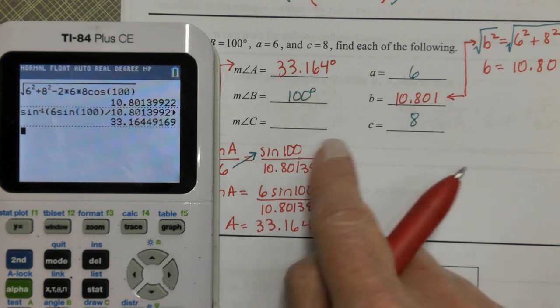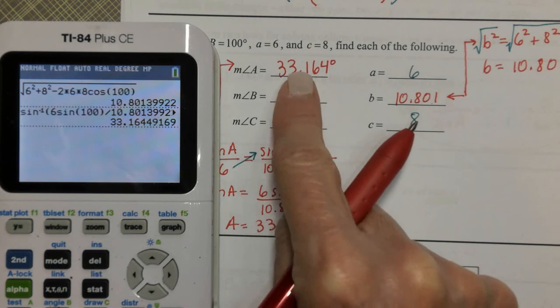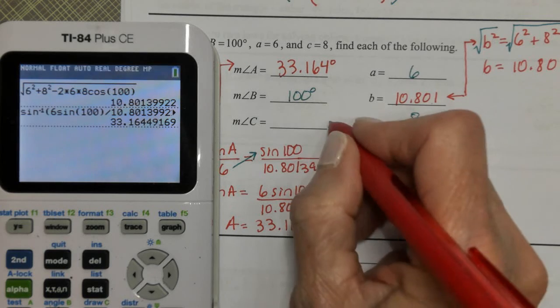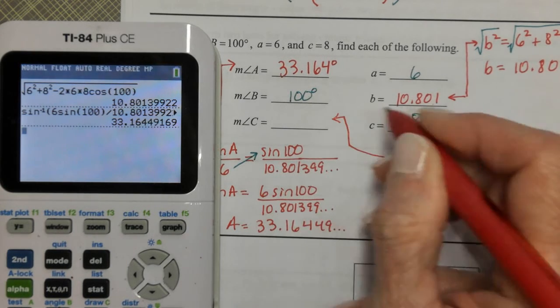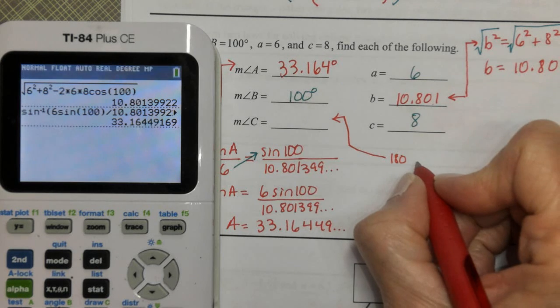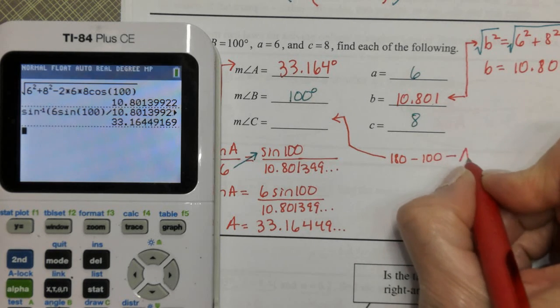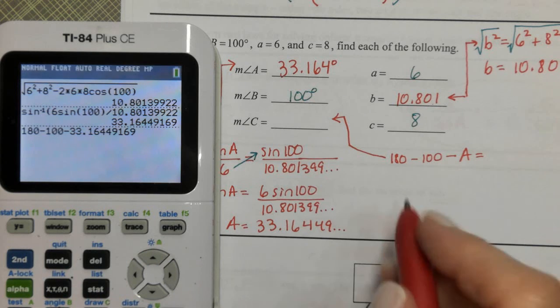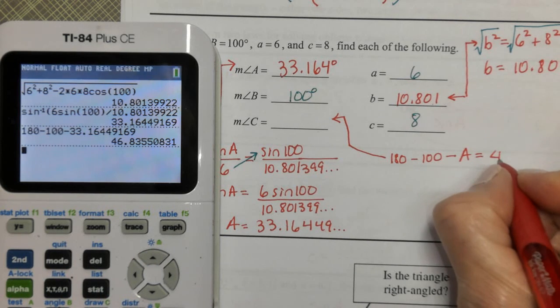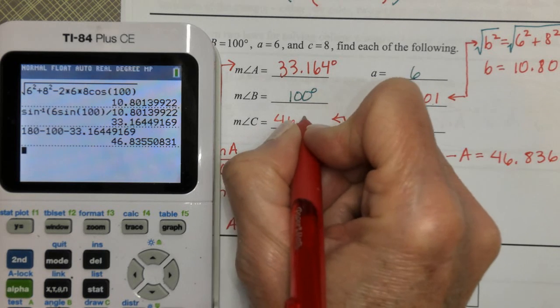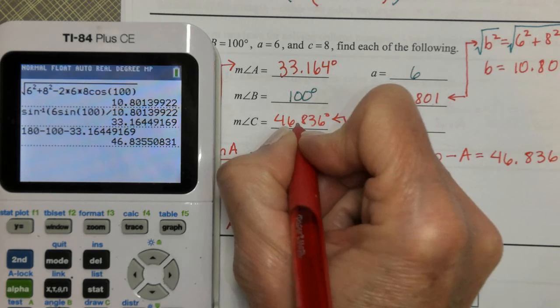I could go and use law of sines again, but it's quicker and easier just to use the fact that those all add to 180. So 180 minus 100 minus what we just found is 46.836 degrees.